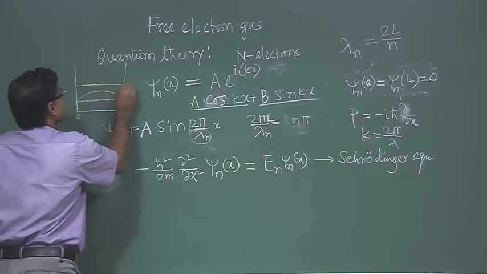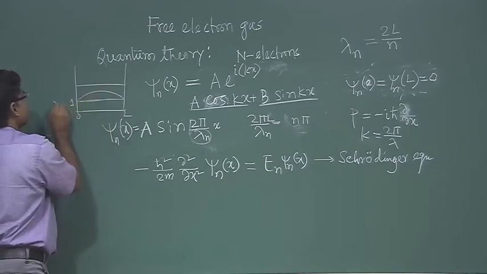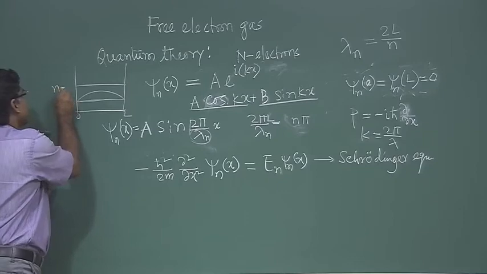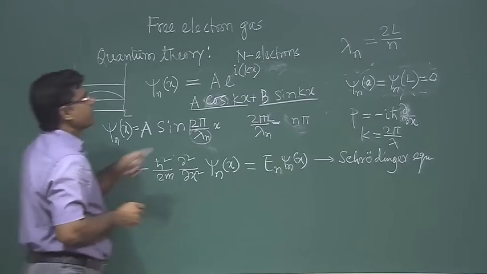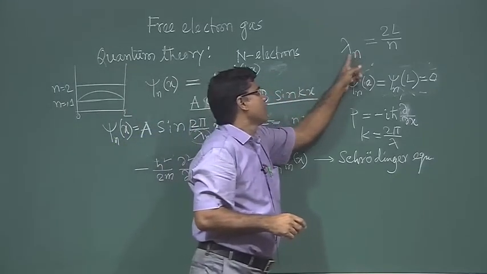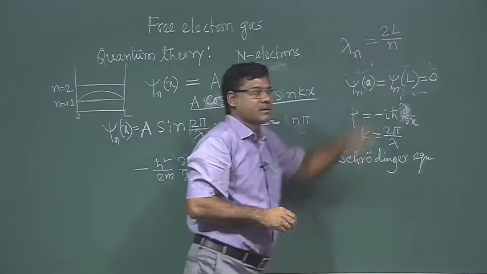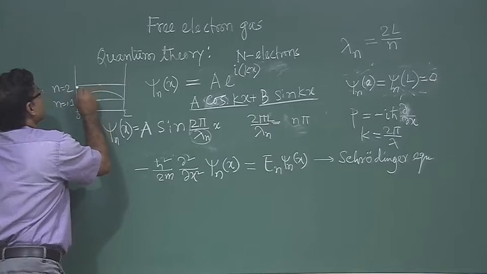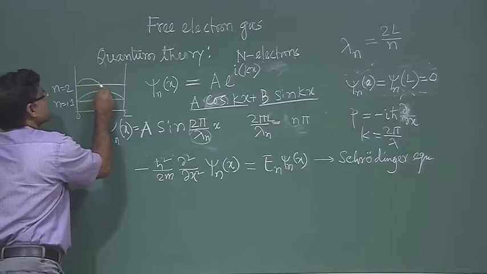For n equal to 2, the wavelength will be L, one complete oscillation like this.